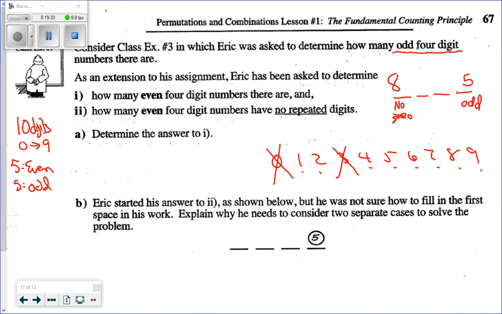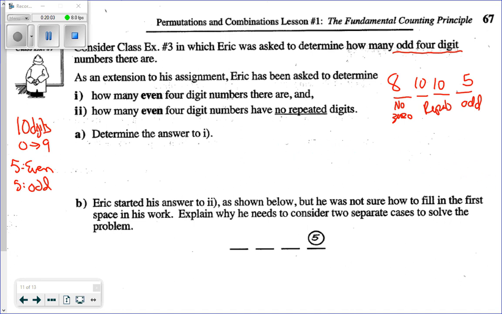And then what you fill in the middle determines if you're allowed to have repeats or not. So let's say if you are allowed repeats, how many choices do you have for the middle squares? No restrictions. 10, 10. So that's what we did the other day. Does that make sense? A little refresher from yesterday?